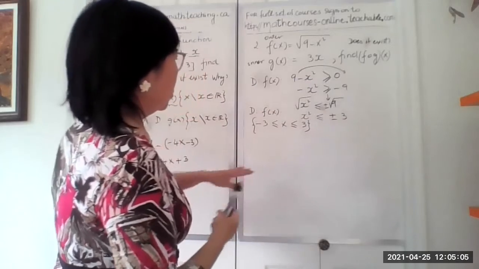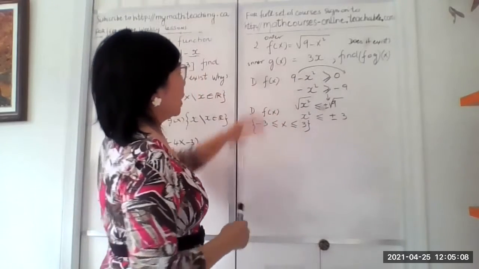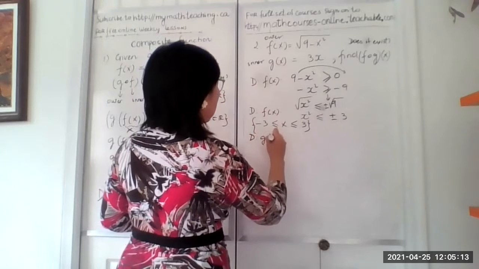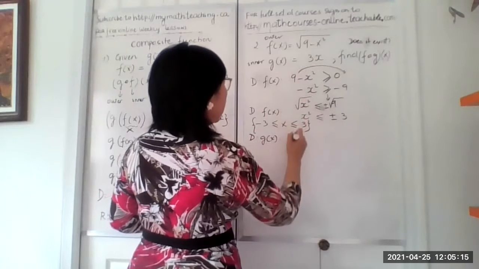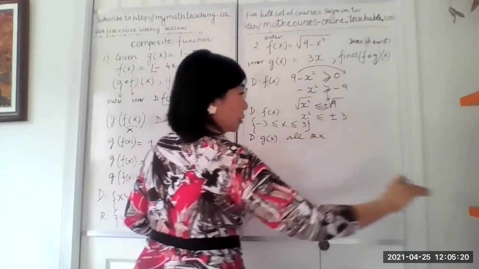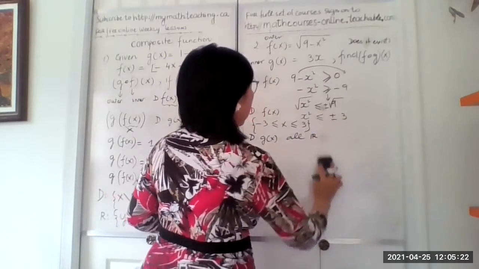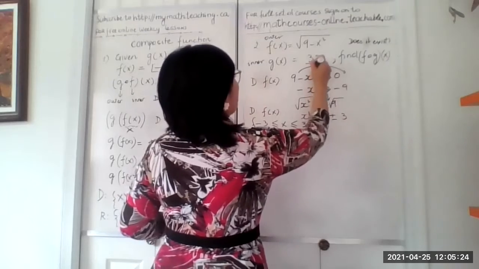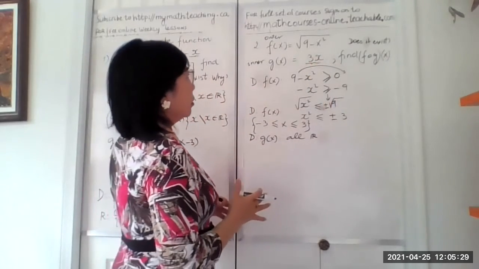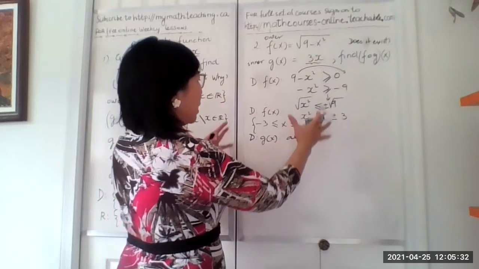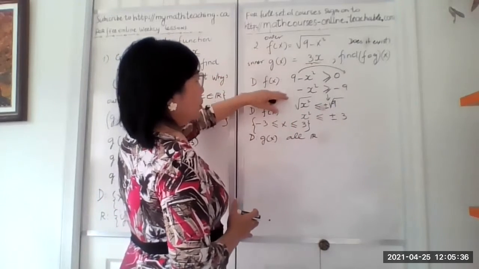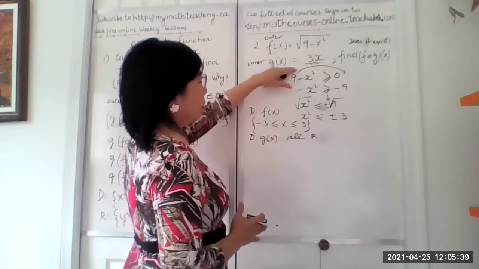So now we look at the domain of g of x. So what is the domain of g of x? The domain of g of x here is all real numbers, because this is linear, right? So all real numbers. So there is no restriction for g of x. However, there is a restriction for the outer function, but there is no restriction for the inner function.